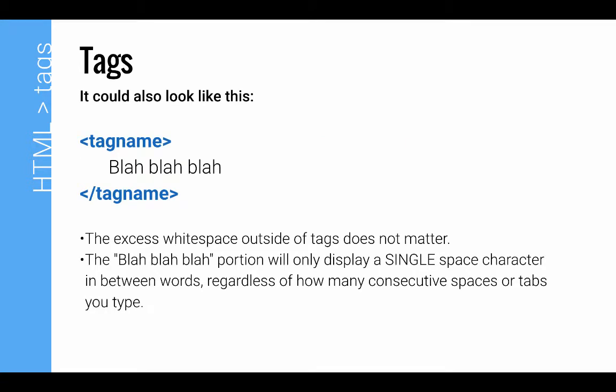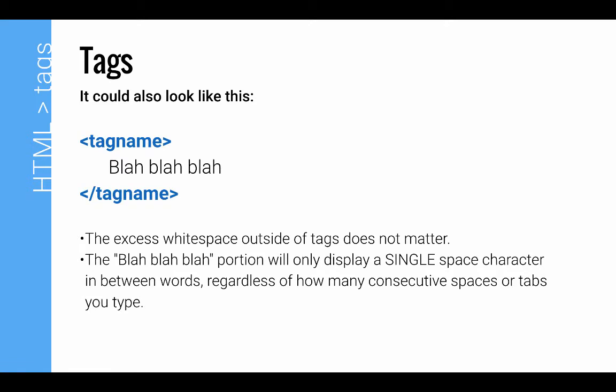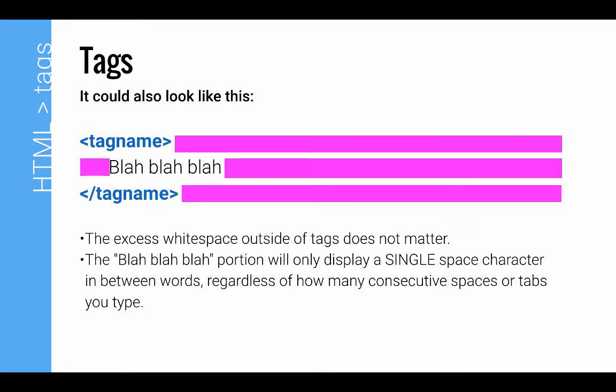So here it could also look like this, and it's exactly the same and valid. Let's jump back up. You see everything here is on one line, and there are no spaces or tabs before blah blah blah or after blah blah blah. It just is surrounded right next to blah blah blah by the tag names beginning and ending. All right, and then here it looks a little different, but it would show up exactly the same in the browser because the excess white space outside of the tags doesn't matter, right?